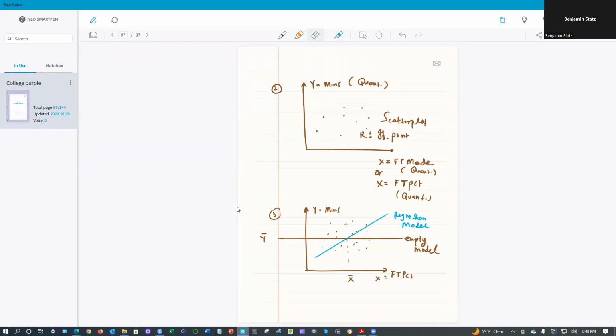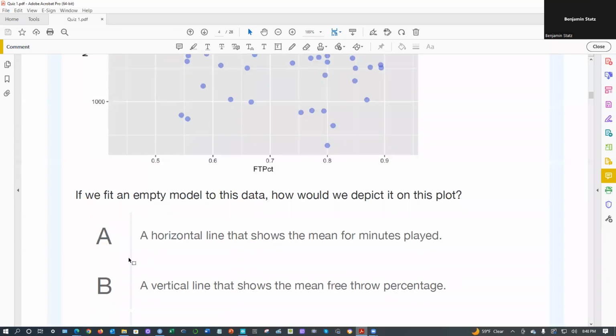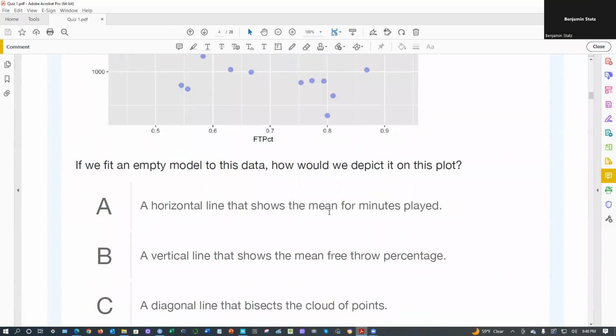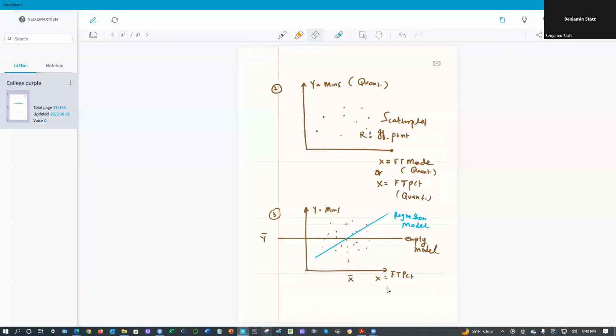If they ask what the empty model would be, it is nothing but a horizontal line that shows the mean for minutes played. So it is nothing but the mean of minutes played, and this one is the mean of free throw percentage.